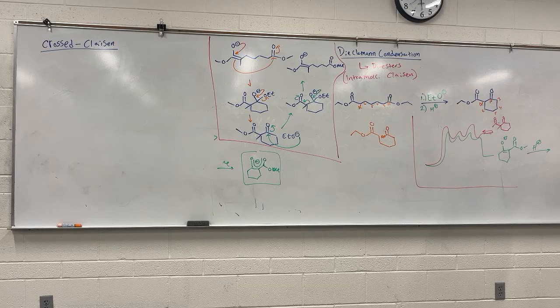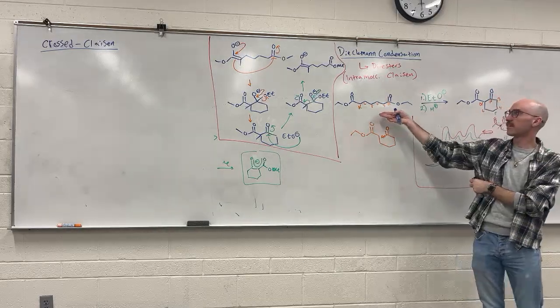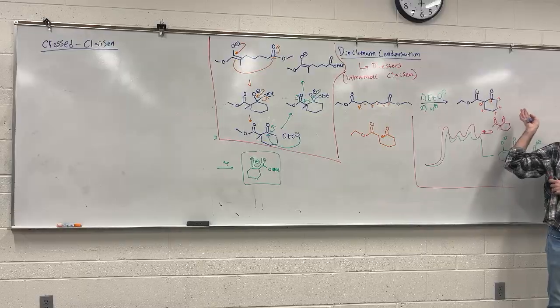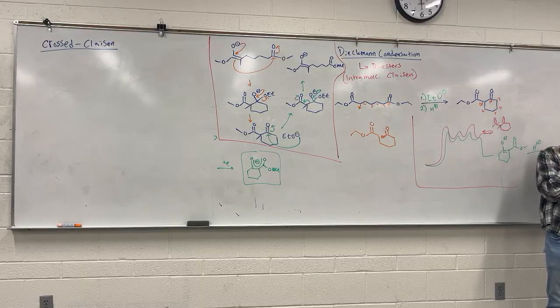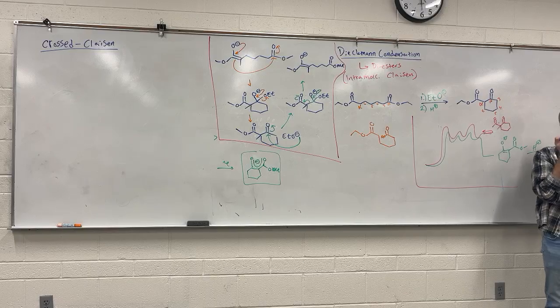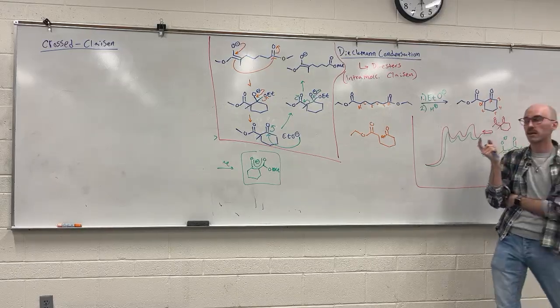You could make like 4 products out of the 2 starting materials. Instead of having one product, because you've got 2 equivalents of the same thing, you've got combinations of products because you've got combinations of carbonyls. And we run into the same issue with Claisen condensation.